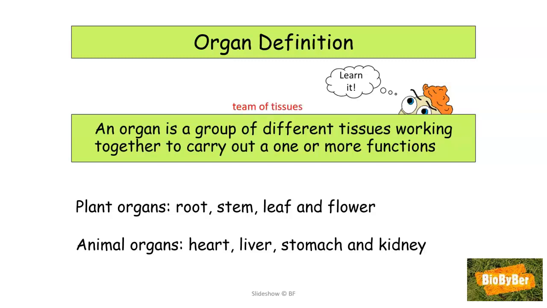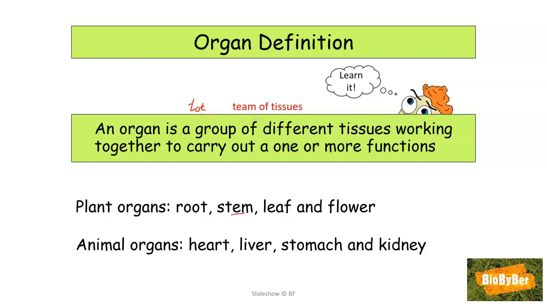I think of this by remembering the idea that an organ is a team of tissues. It's a TOT, a team of tissues that work together to carry out one or more functions.